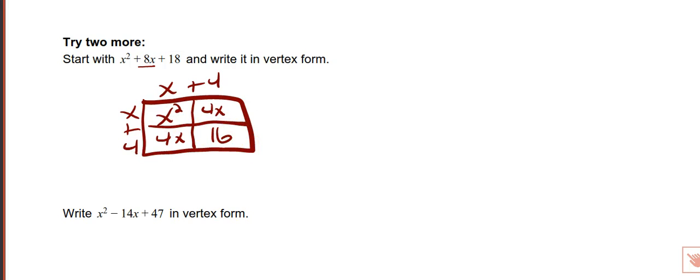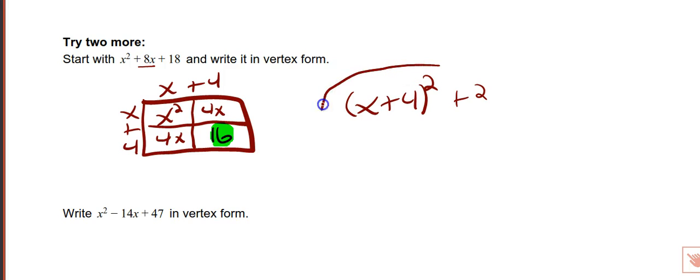So this is going to be a 16, because 4 times 4 is 16. To go from 16 to 18, I have to add 2. So this is going to look like x plus 4 squared, because this is x plus 4 times x plus 4. And if I stopped there, I'd have a 16 for my last term, but I want an 18, so I have to do plus 2. And that is vertex form.